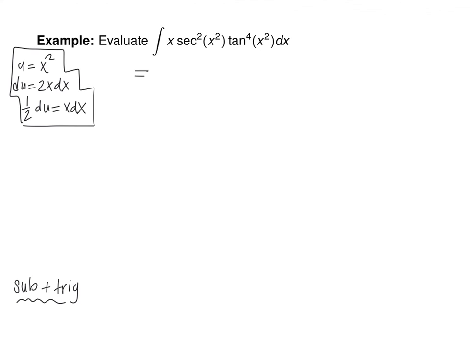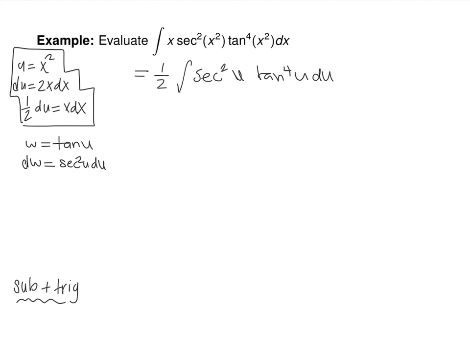And this becomes 1/2 integral of secant squared of u tangent to the 4th u du. Well, now you can immediately substitute for tangent, but just use a different variable because you already used u. So w is tangent of u, and dw is secant squared of u du.